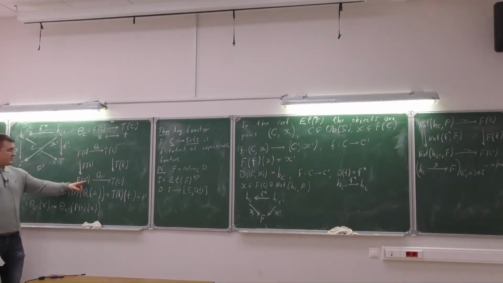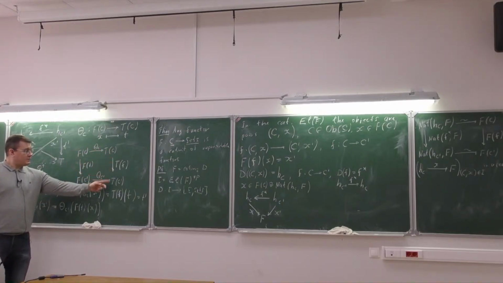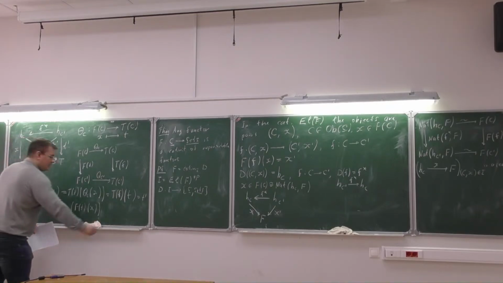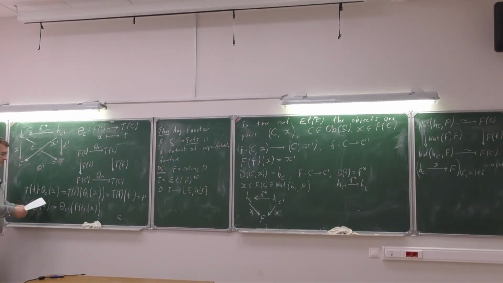If you take this composition and that composition, the answer is the same, which is t prime, for any given element x in F of C. So indeed, that's a natural transformation. So that's the end of the proof.